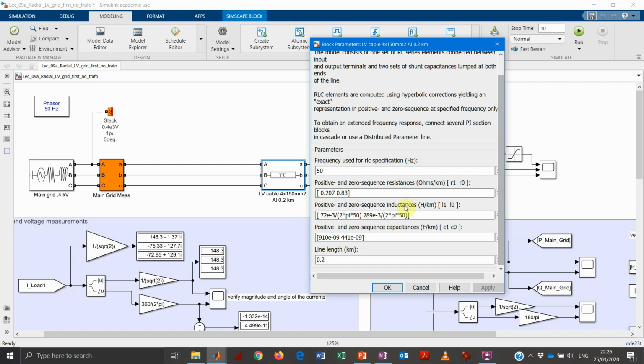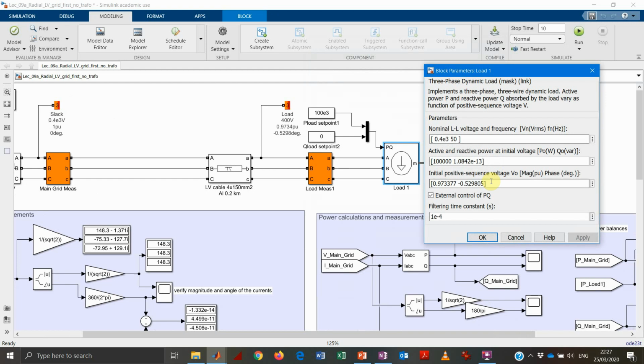Yes, just make sure to put the correct numbers. I mean, you see here it's in ohm per kilometer, it's in Henry per kilometer, so not ohm. Remember that there should be the 2 pi 50. Basically, if you are taking the values that are in ohm, the frequency here, the capacitance here as farad per kilometer, and then the length.